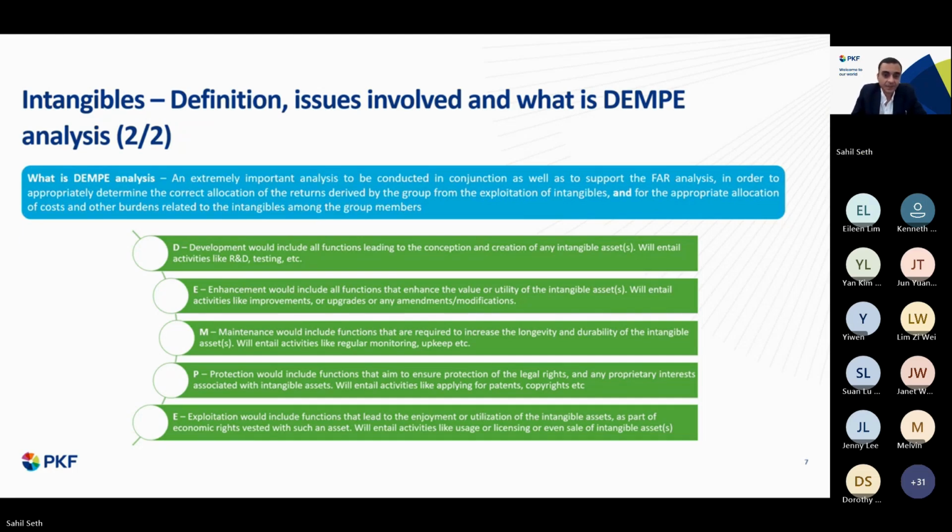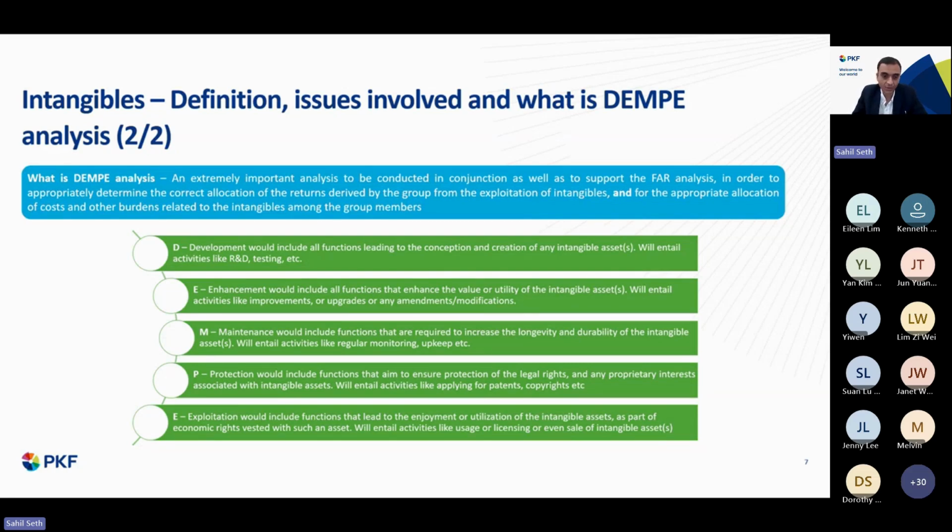So each of these functions is critical and depends upon the nature of the intangible, but also on to what extent, on a scale of 100, any related party performs these functions in DEMPE. It could be that out of 100, the entity is doing all 100. That is, if I give a weightage of 20, 20, 20 to all five, it is possible that one entity is doing all five.